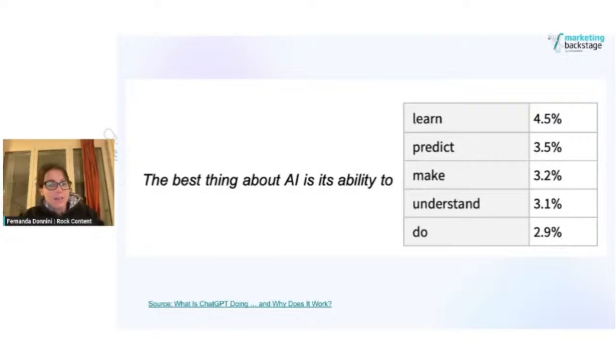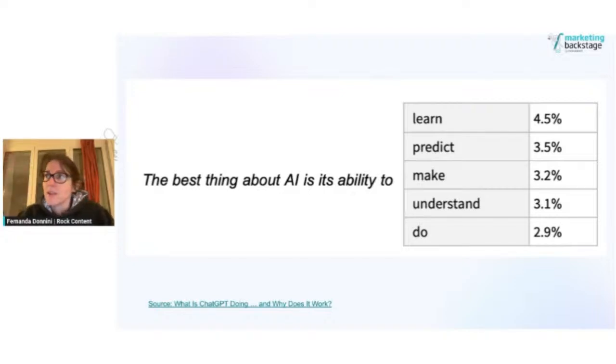What AI is really doing when you create content using AI is just trying to guess one word at a time. Artificial intelligence has this incredible ability to analyze what people have written on billions and billions of web pages and so on, and try to guess what will come next. So when you see this phrase, the best thing about AI is its ability to, when AI is writing that phrase, it's just trying to guess one token at a time.